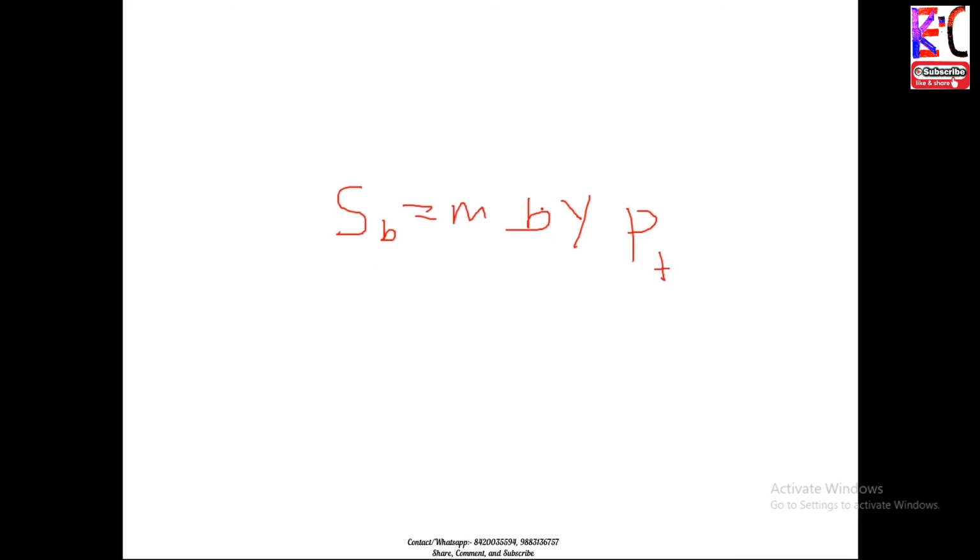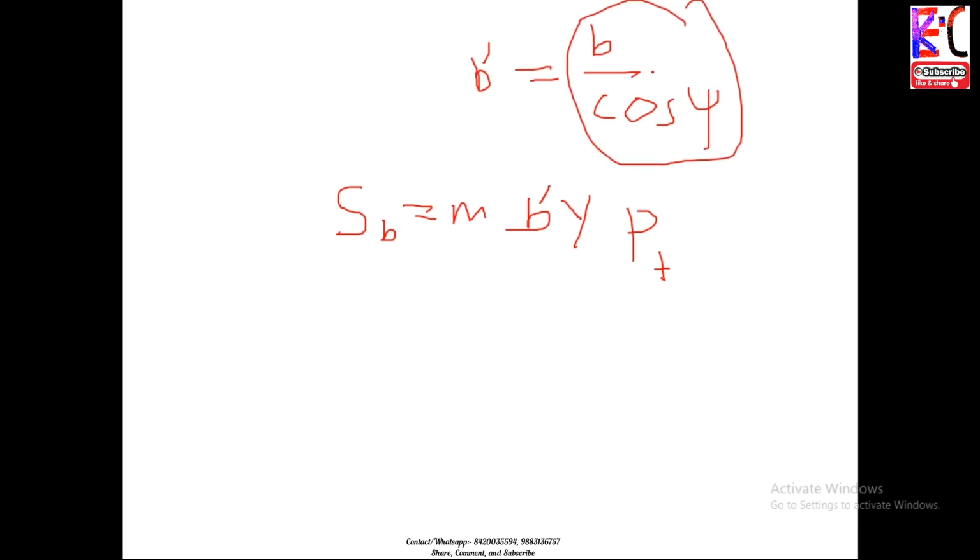We will be changing this for helical gear. Let us consider not B, but B dash. What do we know about B dash? What we have derived, B dash is equal to B by cos psi. So we put this entire thing over here. Fine, this is what we have done.